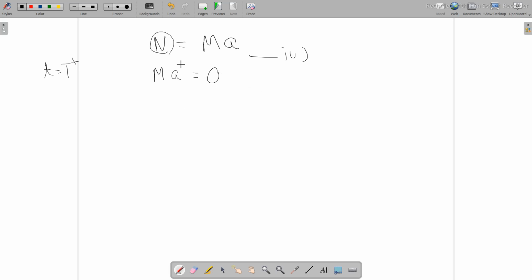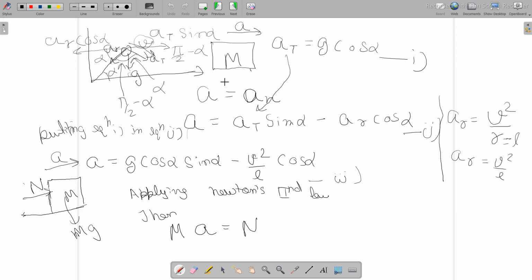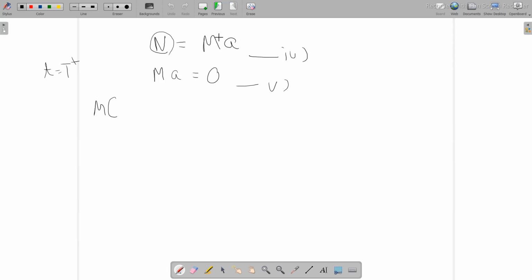Now putting the value of acceleration in this equation fifth, therefore m and the previous acceleration, which is g cos alpha sin alpha minus v square by l cos alpha, is equal to 0.